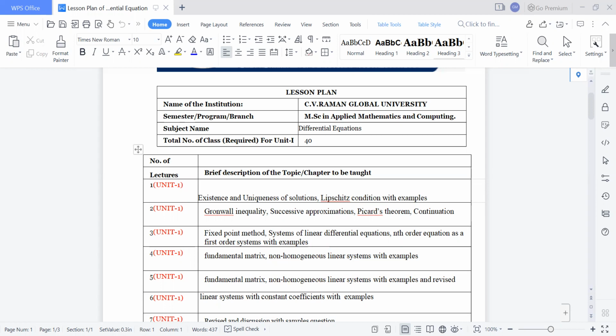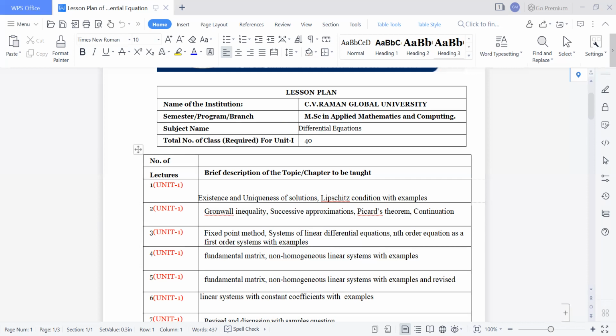तो उसको क्या करेंगे, integrating on both sides. First, y की वैल्यू हम जब निकालेंगे तो y0 plus integration of x0 to x f of x, y dx. उसके बाद y का first solution calculate करेंगे, y1.